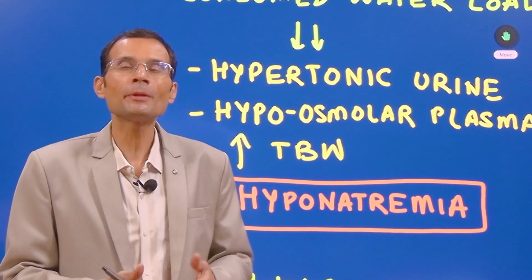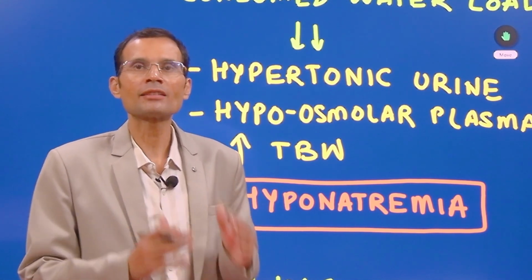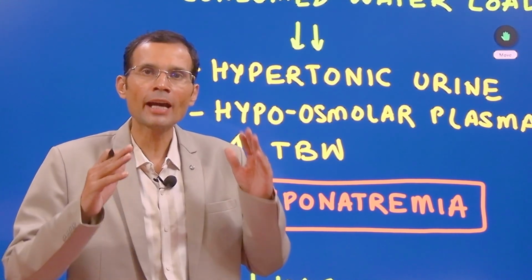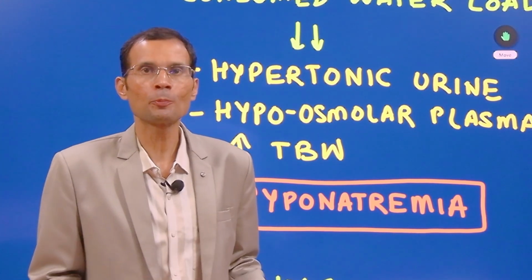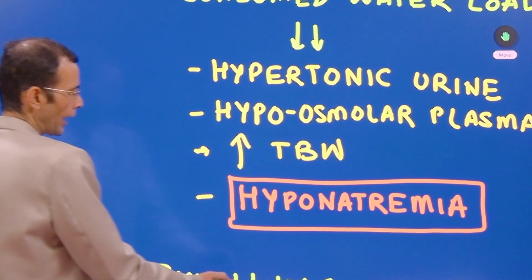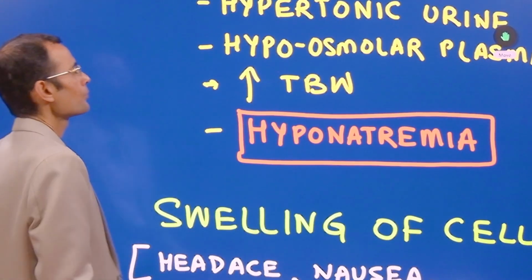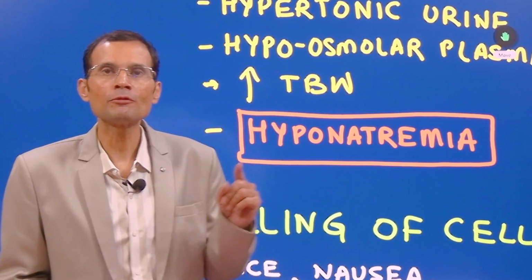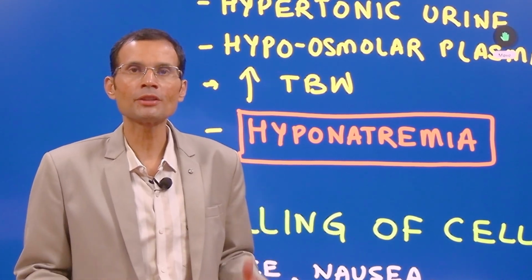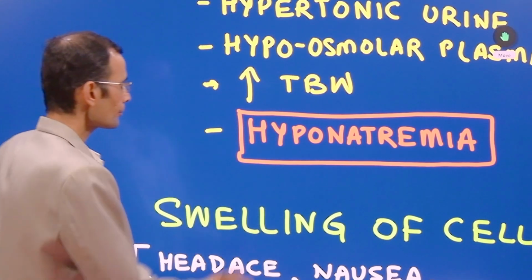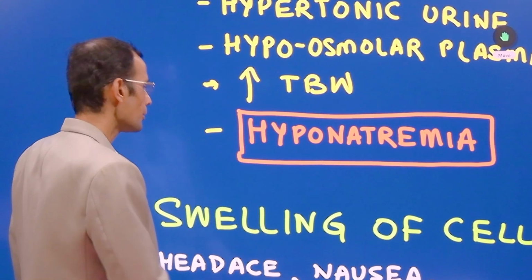All that water will be retained in the plasma as ADH is being continuously, excessively and inappropriately secreted. And as a result, there is increased total body water. Water is getting retained in the body.